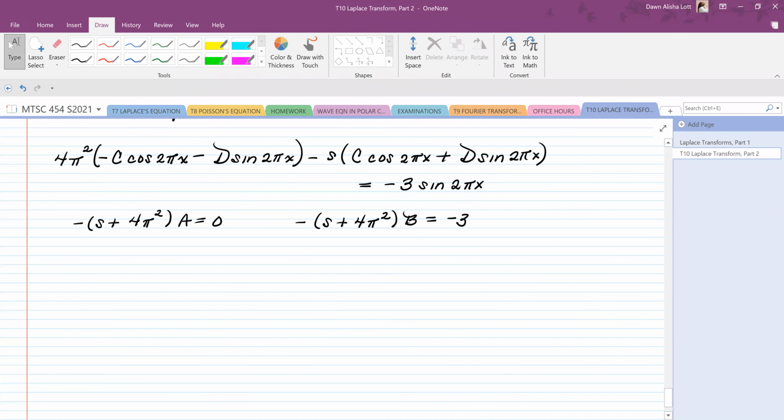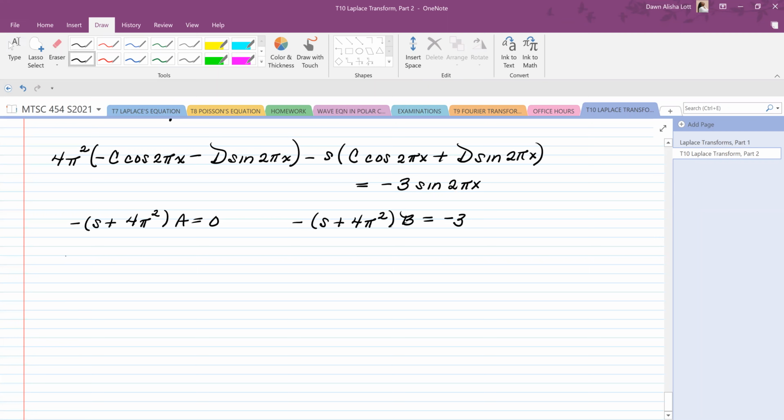All right, so a is 0. And b is 3 over s minus 4 pi squared.